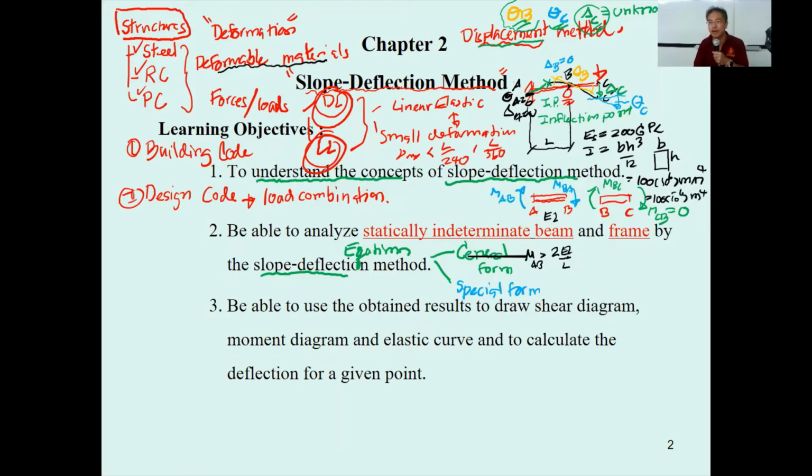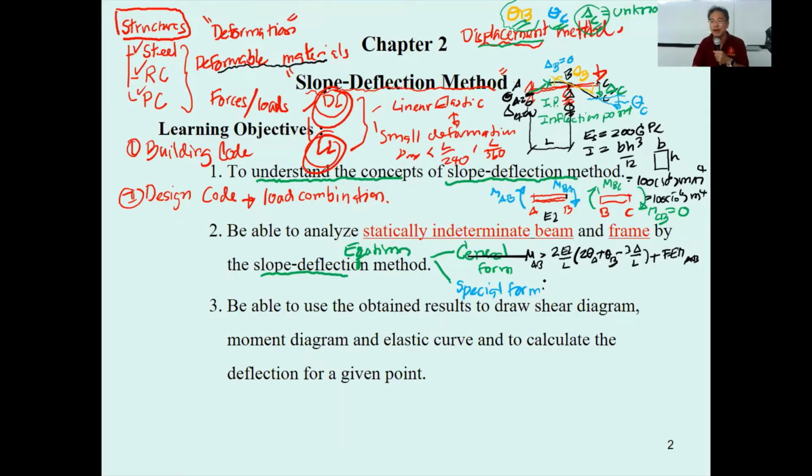Then the slope over here is theta A, so it's going to have 2 theta A, and the slope at the other end is theta B. If the structure has a downward settlement called delta, then minus 3 delta over L, plus the fixed end moment due to the applied force. But for this one, the applied force is 0, so the fixed end moment is going to be 0.